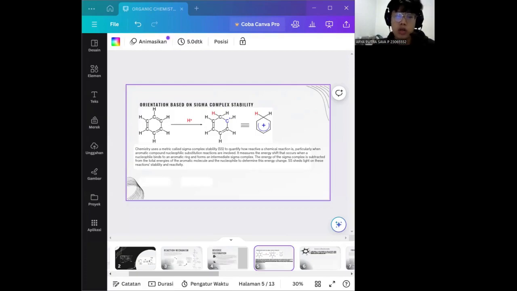For instance, electron donating groups can stabilize the sigma complex and direct the incoming electrophile to the ortho and para positions. On the other hand, electron withdrawing groups destabilize the sigma complex and direct the incoming electrophile to the meta position. This example illustrates how the concept of sigma complex stability can be used to understand and predict the outcomes of electrophilic aromatic substitution reactions.